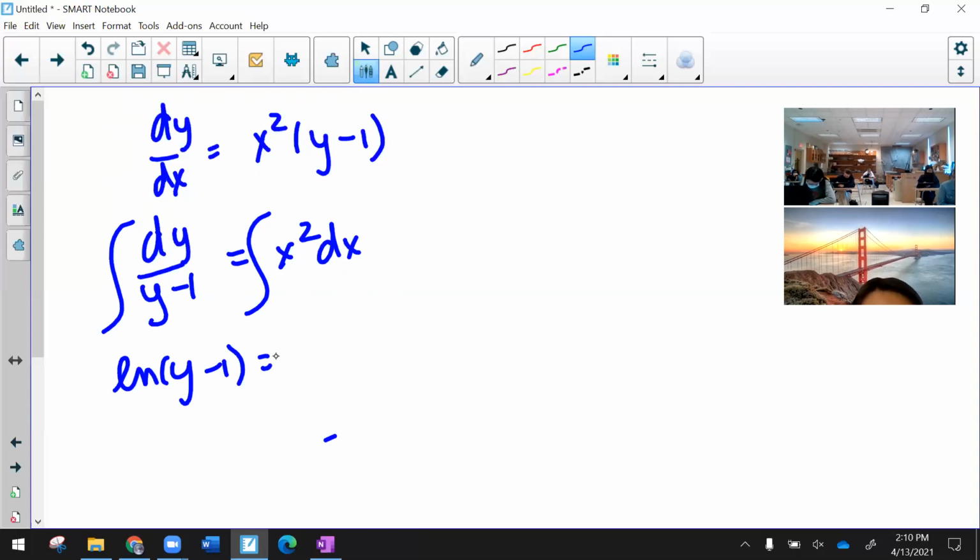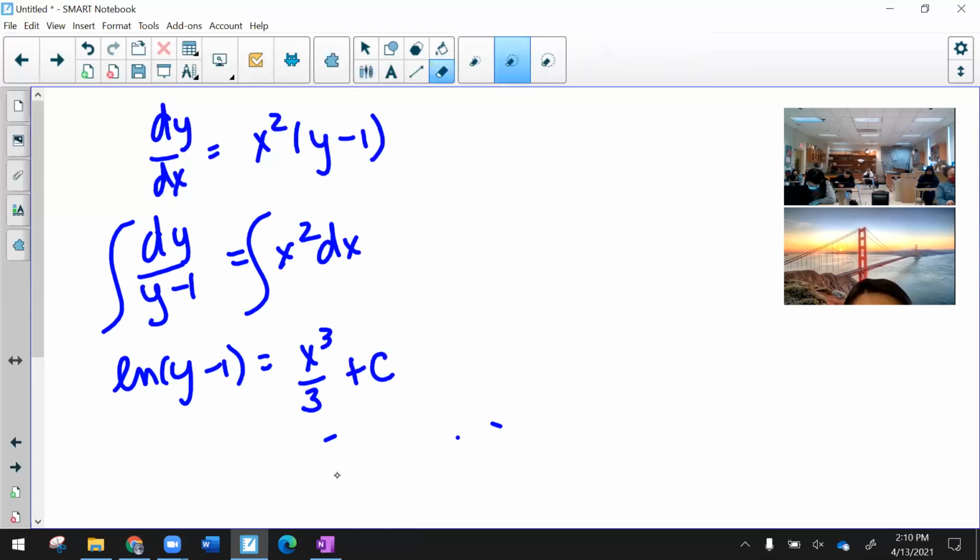Okay? How about on the other side? What's the antiderivative of x squared? Kim? X cubed over 3. Okay? Plus c. And you always add C to the X. I do. You don't have to.